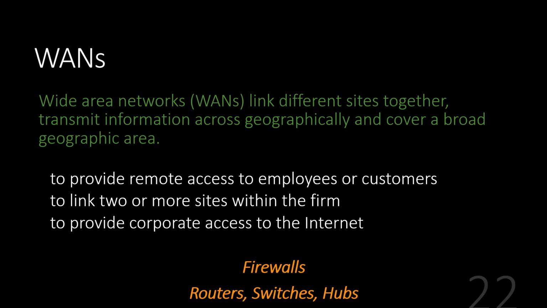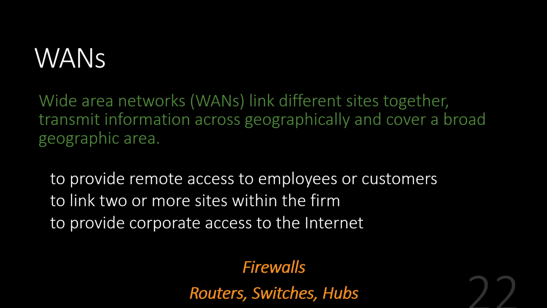And then we also have remote access that allows them to connect externally if they're external to the physical resources in the WAN. So here we add the routers as well as firewalls to provide protection. And of course, firewalls and routers can also be used in the local area network.